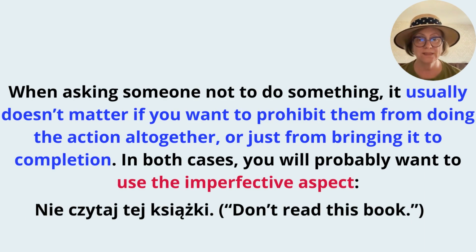When asking someone not to do something, it usually doesn't matter if you want to prohibit them from doing the action altogether or just from bringing it to completion. In both cases, you will probably want to use the imperfective aspect. Nie czytaj tej książki. Don't read this book.